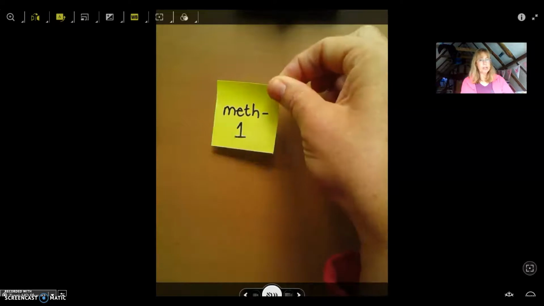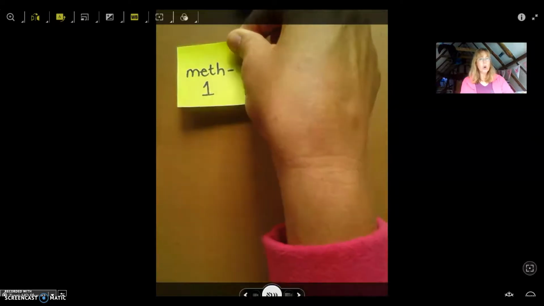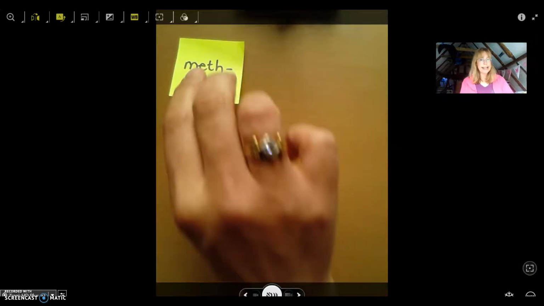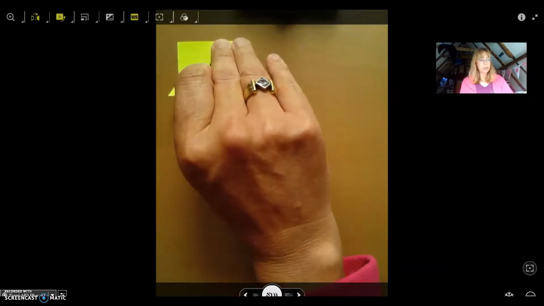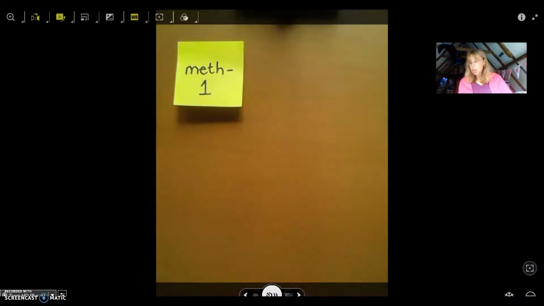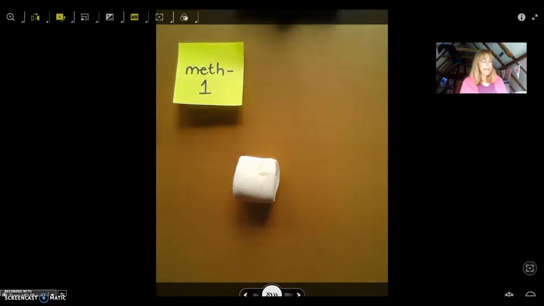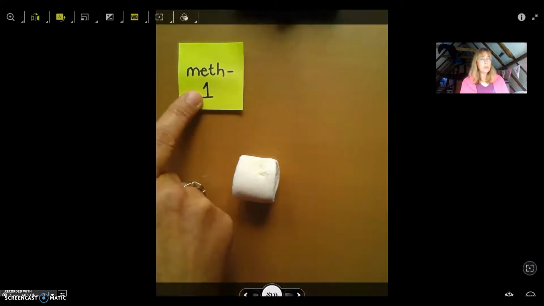Now, the very first alkane we're going to come across is an alkane called methane. And methane has 1 carbon atom in the molecule. So last week I said to you we're going to need to use some marshmallows. So over here we have got our carbon atom, 1 carbon atom because we are dealing with methane.